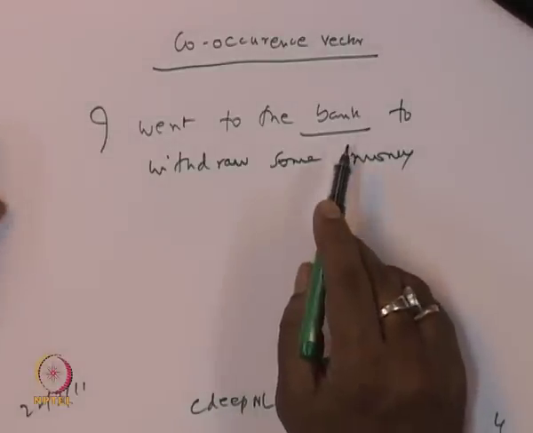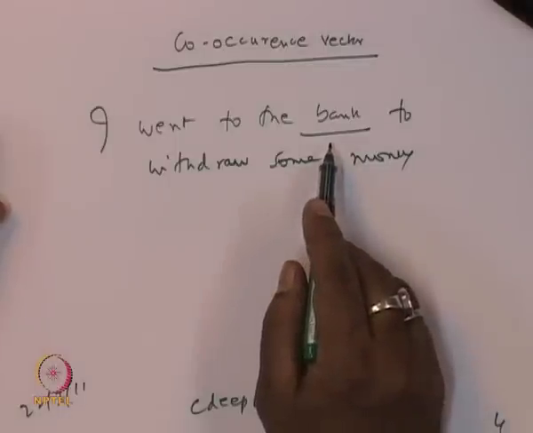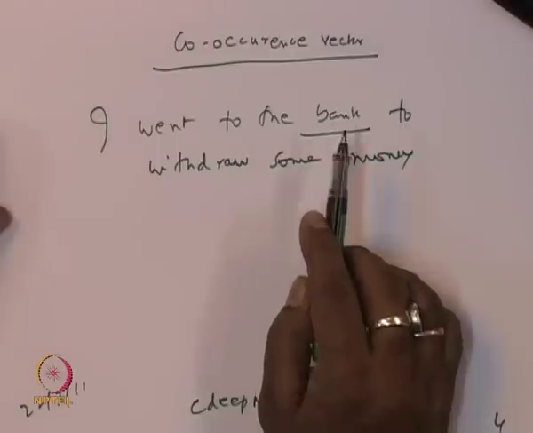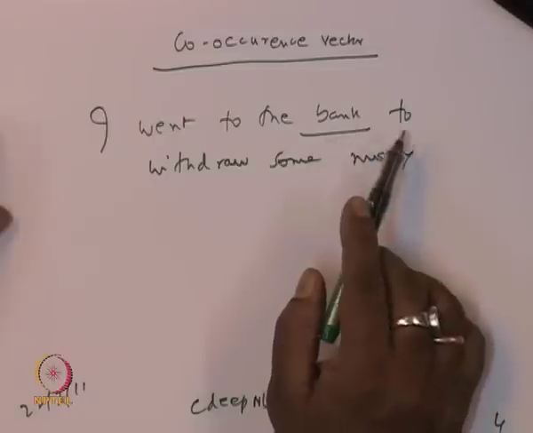So, if I look at this example, then what is the co-occurrence vector? Co-occurrence vector is simply the number of times bank appears in a neighborhood.